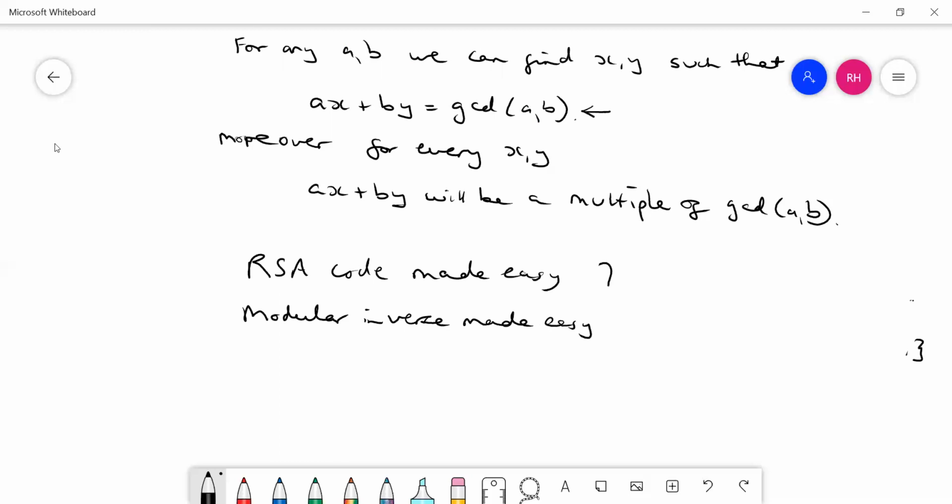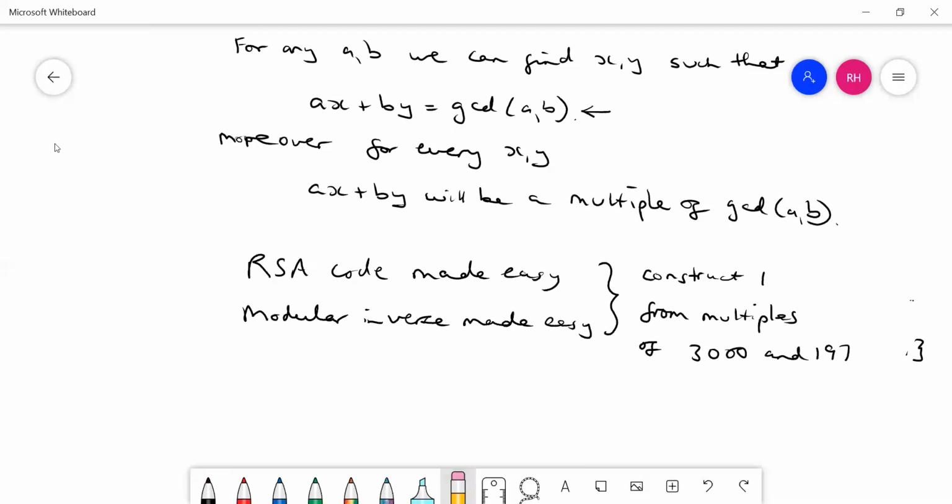In both of these, I asked the question, I want to construct the number 1 from multiples of 3 and 197.